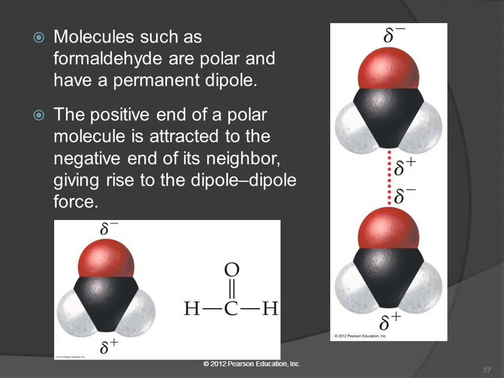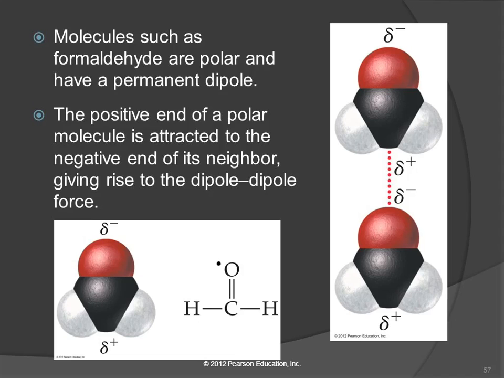So this is a molecule called formaldehyde. This is its structure. There's a carbon, double bonded to an oxygen, and then single bonds to 2 different hydrogens. And if we looked at the Lewis structure for this, I need to put some electrons in here.